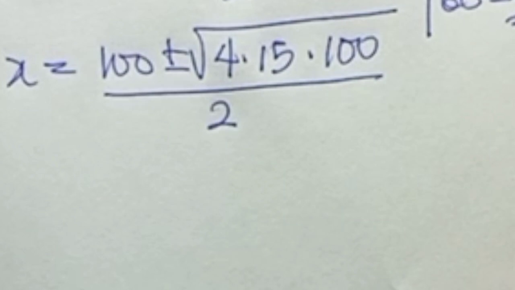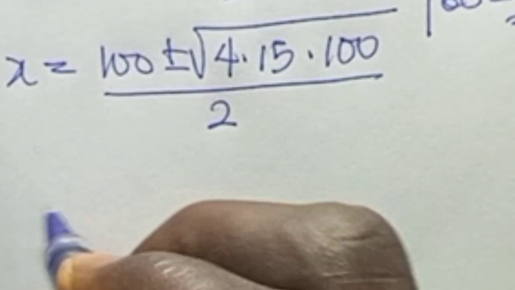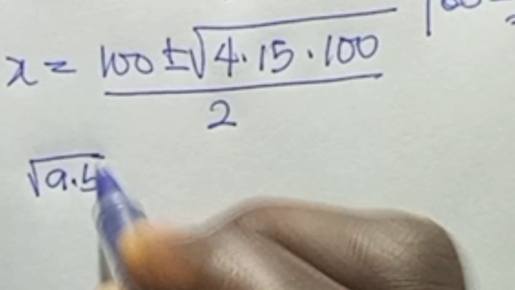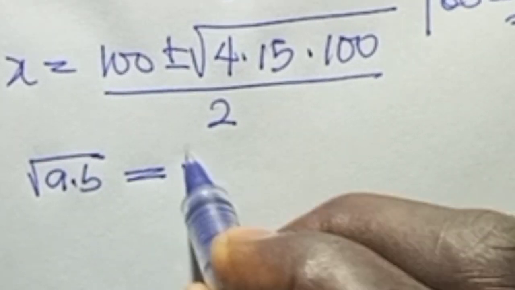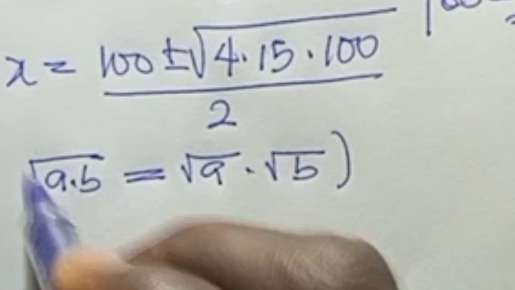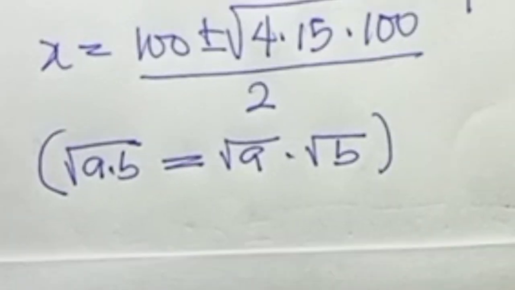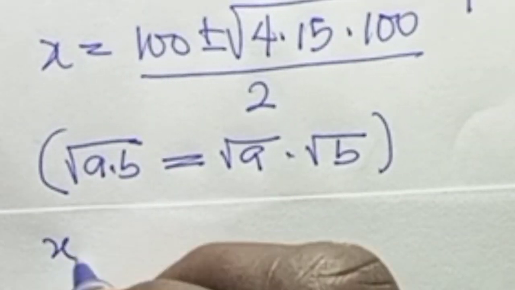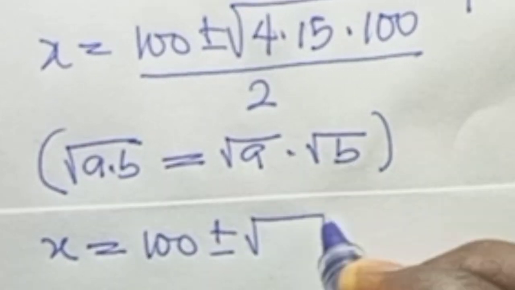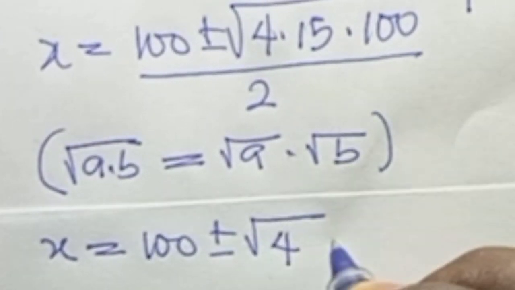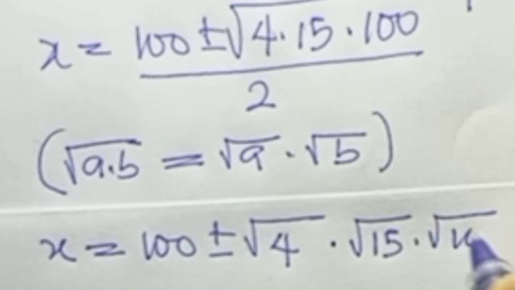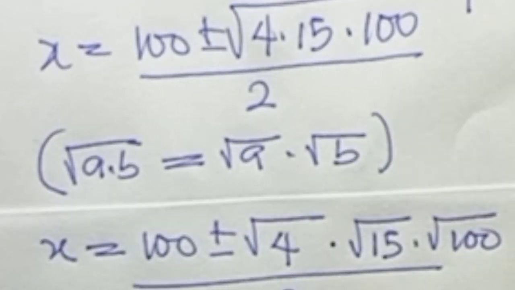So if we solve further, the square root of a times b is the same as square root of a times square root of b. So from here, x will be equal to 100 plus or minus square root of 4 times square root of 15 times square root of 100 all over 2.